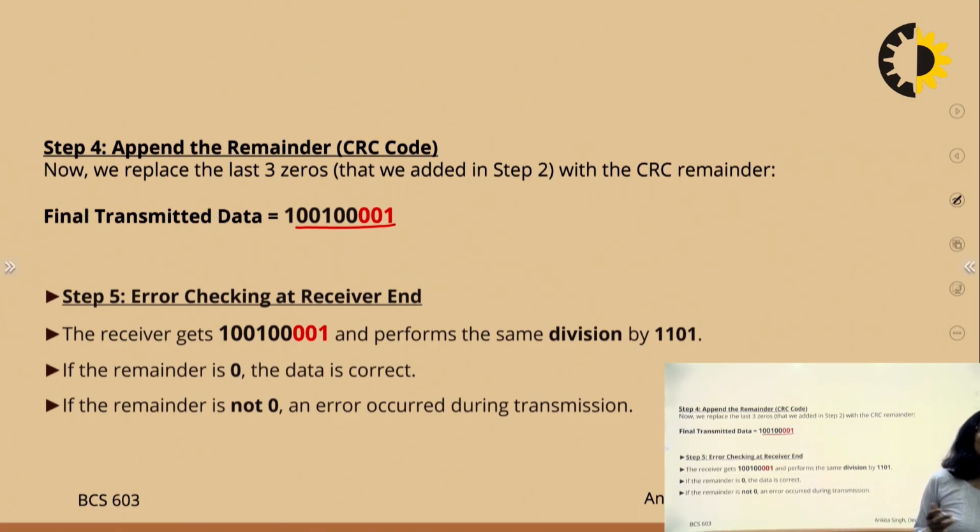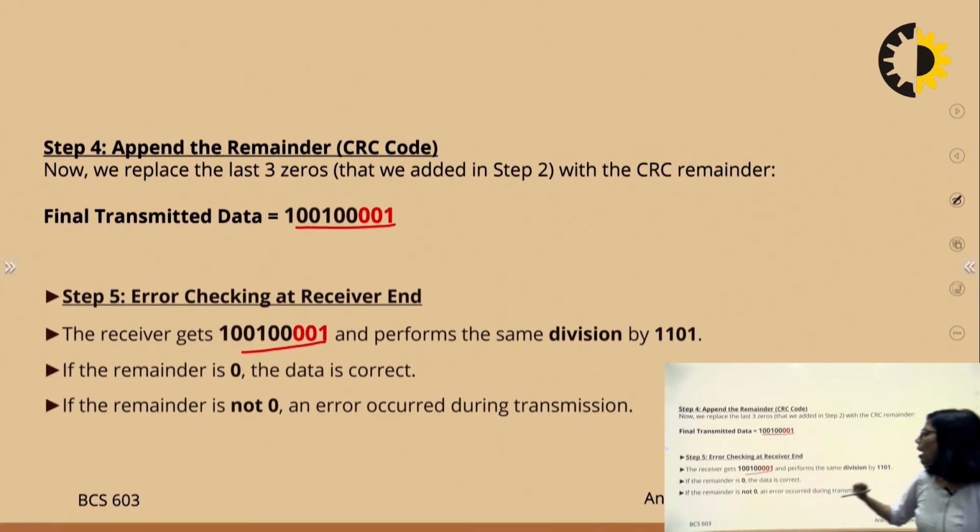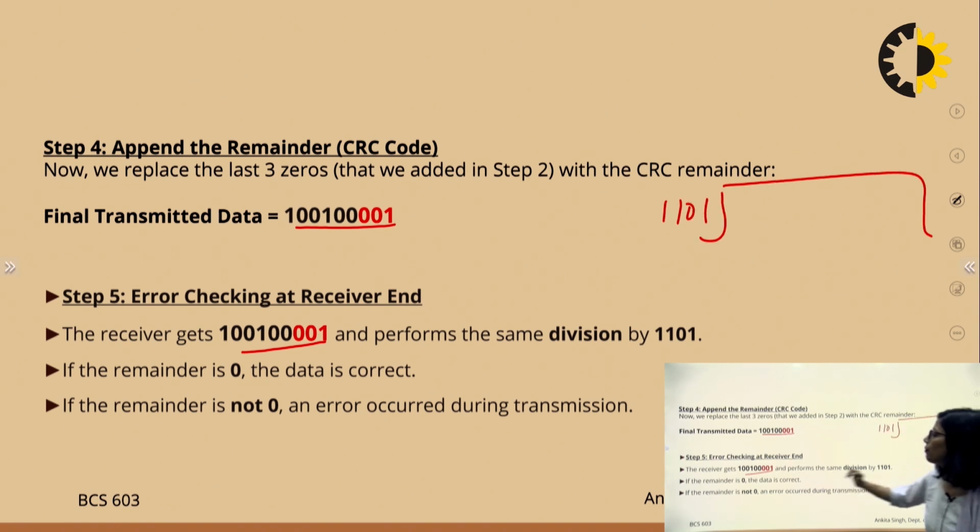Whenever I get the data at the receiving side, suppose this is the data I have received, I will perform the same division. How will I do it? Like this. And this is my received data. So I will perform 1 1 1 0 1.